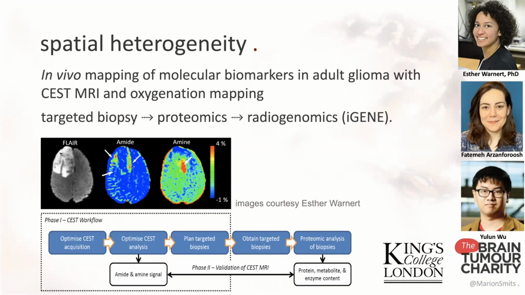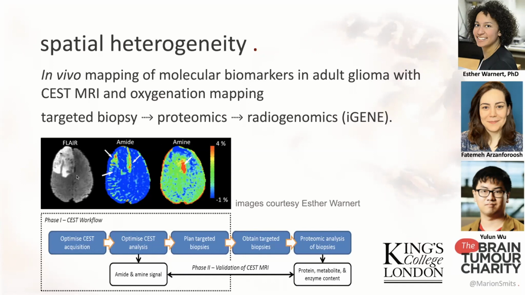But this is work that is currently being done by Esther Barnett, who is now an assistant professor in my lab, together with 2 PhD students who really look at digging down into this tumor biology. These are CEST images. We're also doing oxygen extraction, oxygenation mapping, and in-depth vascularization mapping of these tumors.